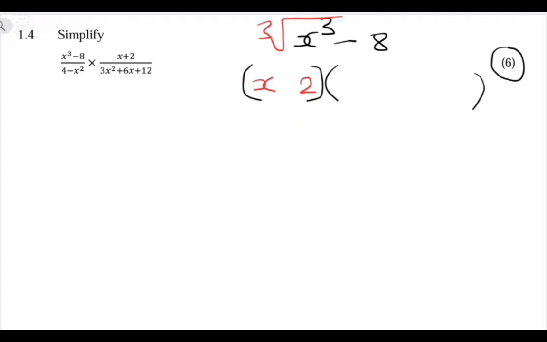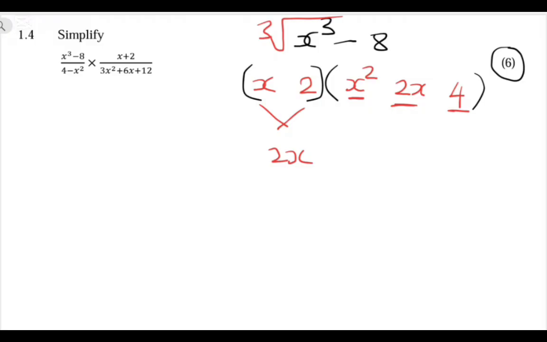And then the number that we put here is going to be the square of this variable. And then the number at the last is going to be also the square of this one, which is going to give us 4. And then the third one is going to be the multiplication of these two, which is going to give us 2x.